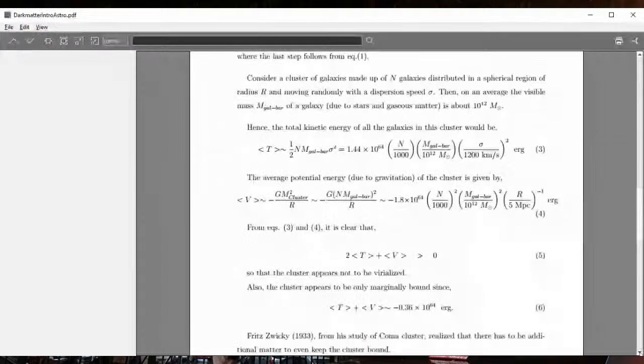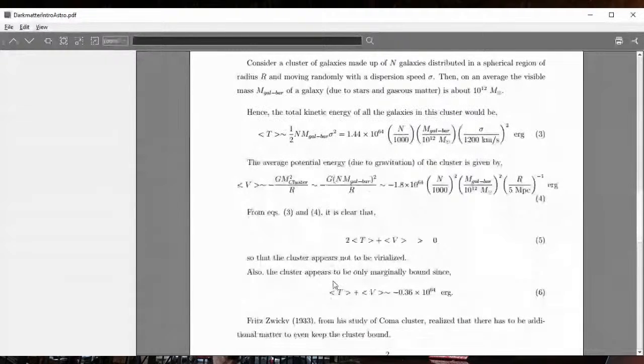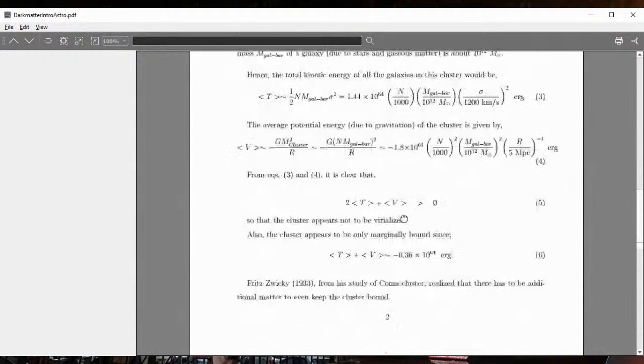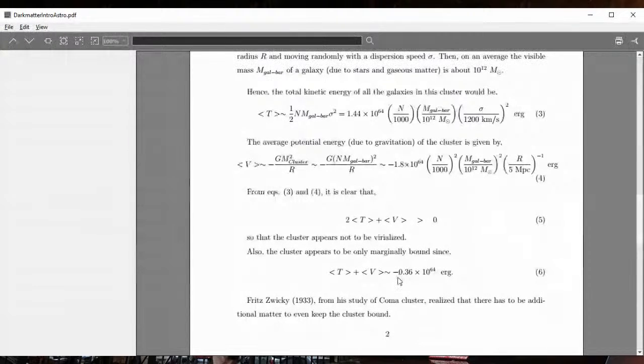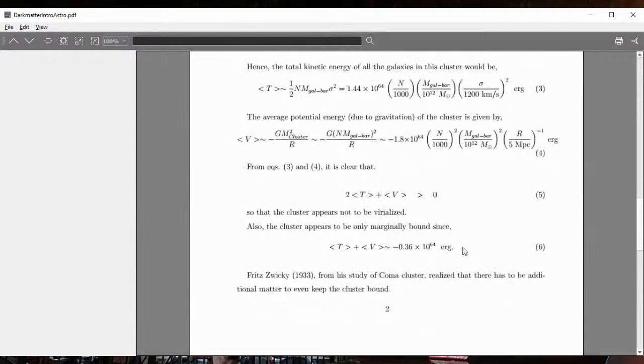What about the total energy? The total average energy of the cluster will be the average kinetic energy plus the average potential energy. Here, although it is negative, minus 0.36 into 10 to the power 64 erg, if, for example, the typical mass of the galaxy was less than 10 to the power 12 solar mass, then you will find that the total energy would turn out to be positive.